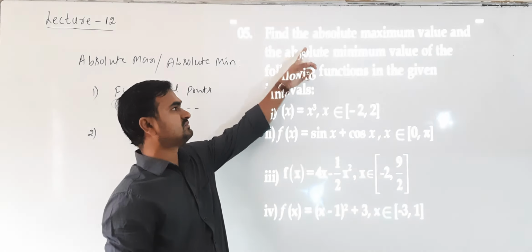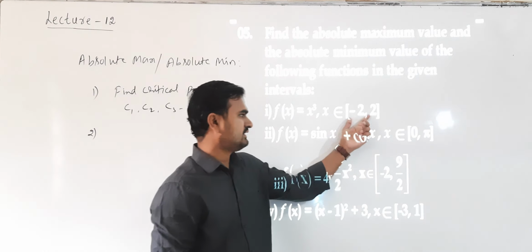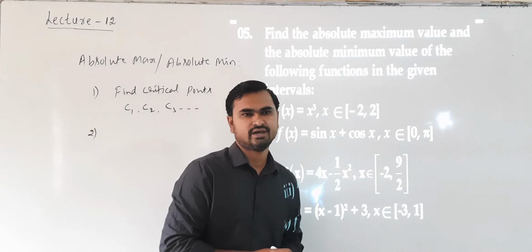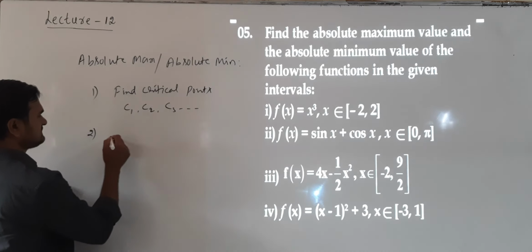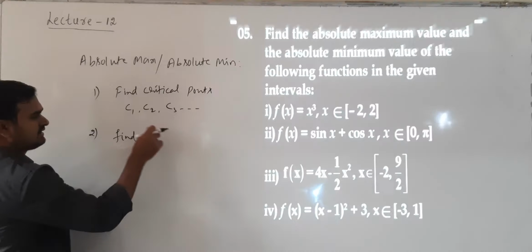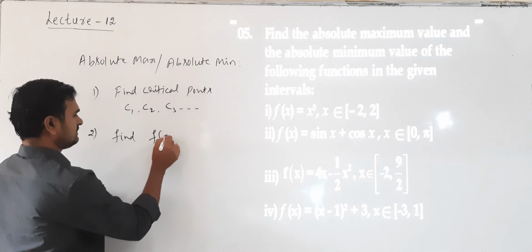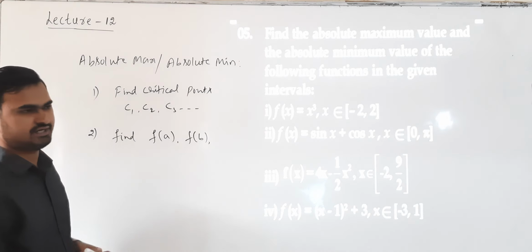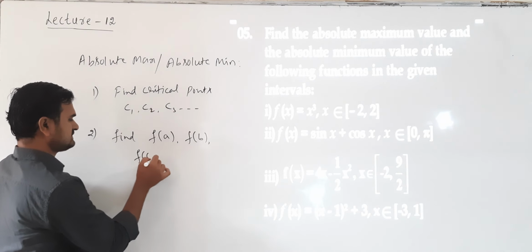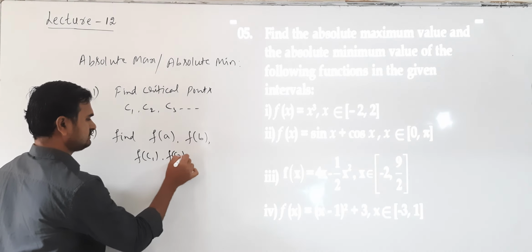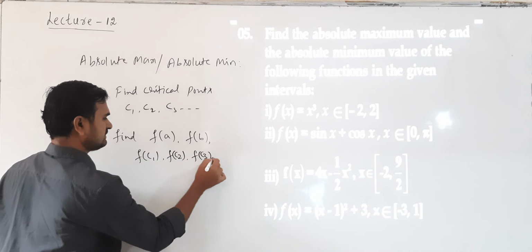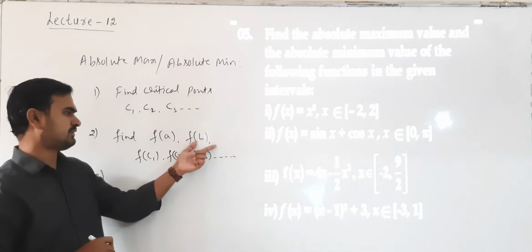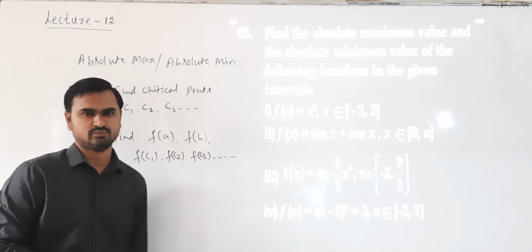Because whenever we are finding absolute maximum and absolute minimum, the intervals will be given as closed intervals, so we have to include the endpoints also. So the second step is to find the function values at the endpoints, f of a and f of b, and at the critical points, f of c1, f of c2, f of c3, and so on.